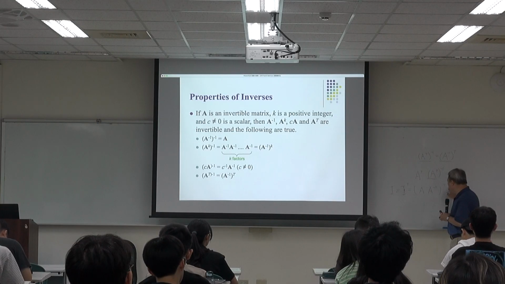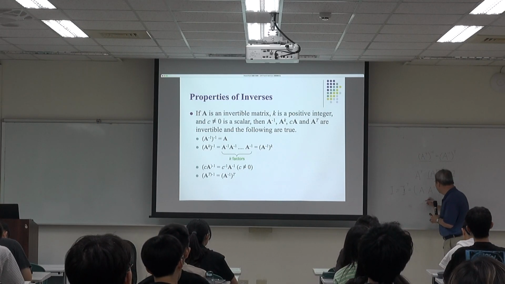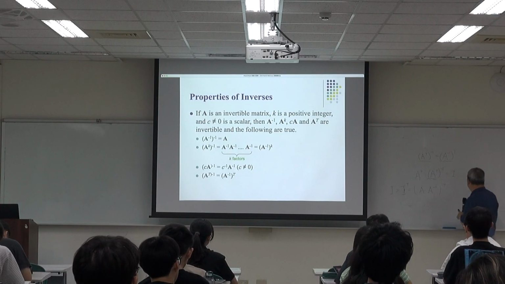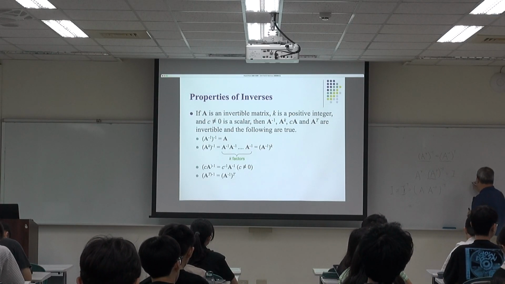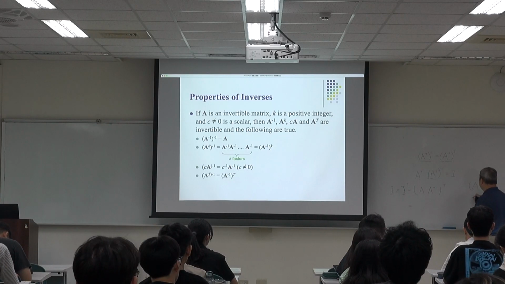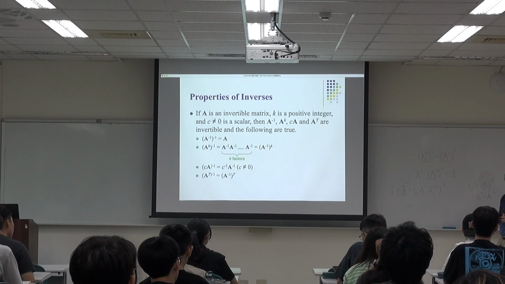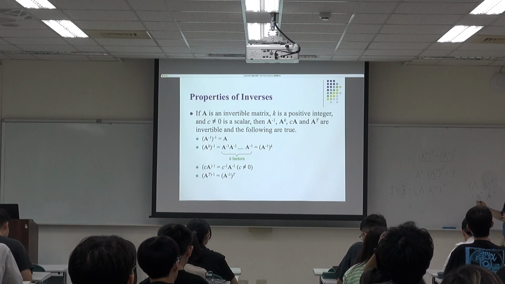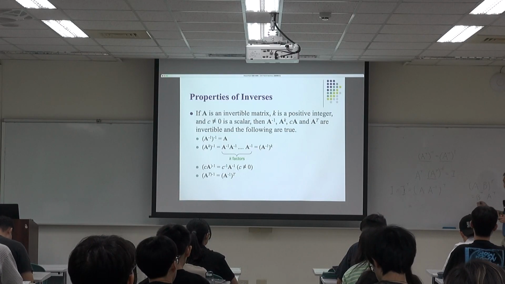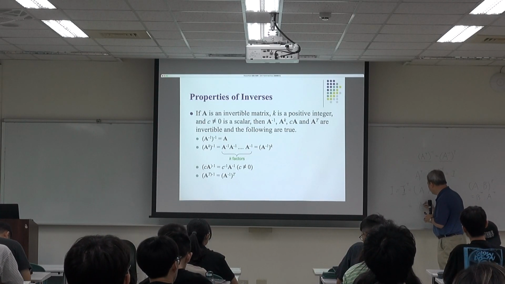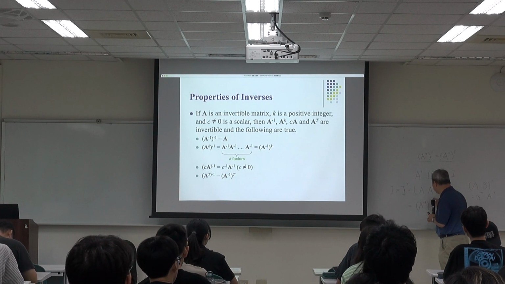According to the property of the transpose, if you remember, (AB) transpose equals B transpose times A transpose. So we apply it here, and it's going to be (A inverse) transpose times A transpose.